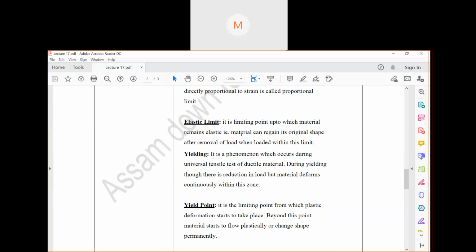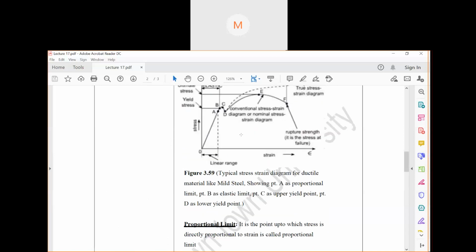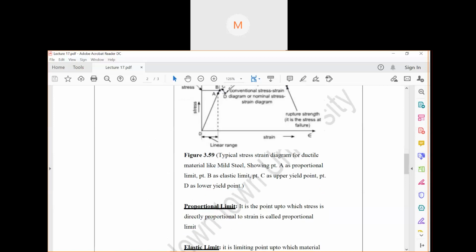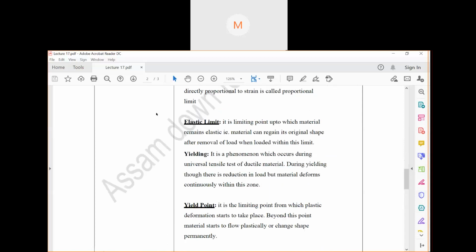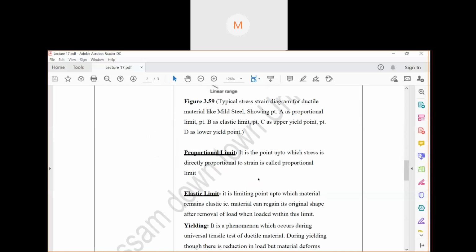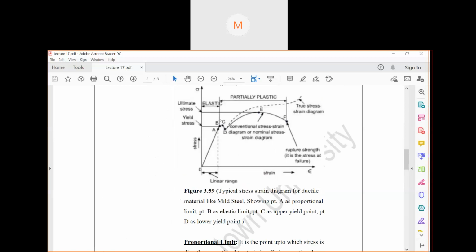After point B, if you keep on applying stress, the material will yield a little bit and then it will come down. That means the stress will come down, but the strain will increase. So that means what? In yielding, what happens? The load will be reduced, but the material will continuously deform.